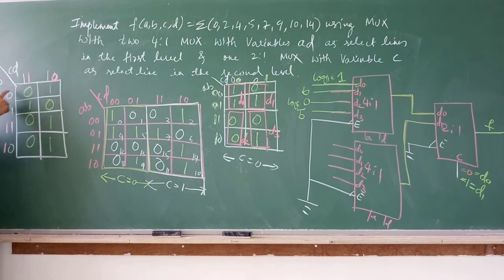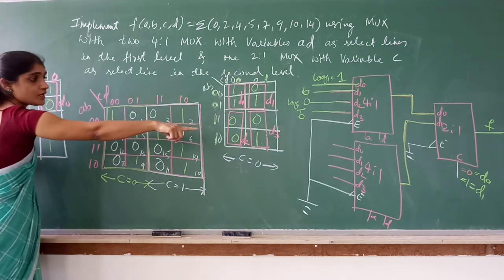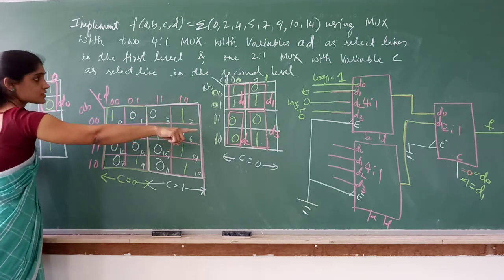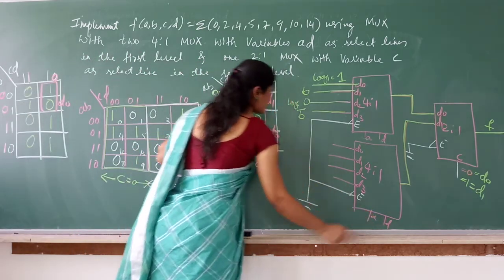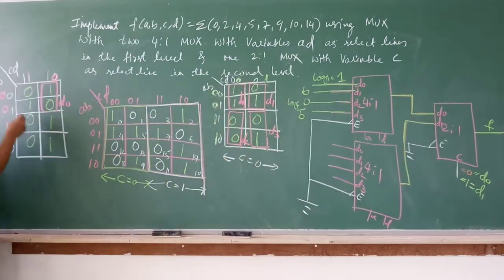So now 0, 0, 0, 0, 0. So this will be D0. Am I correct? When will D0 be transferred? When AD is 0, 0. So for these two columns, where AD is 0, 0, this is D0.